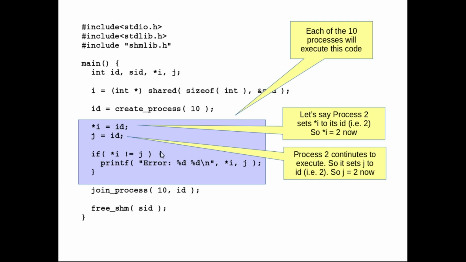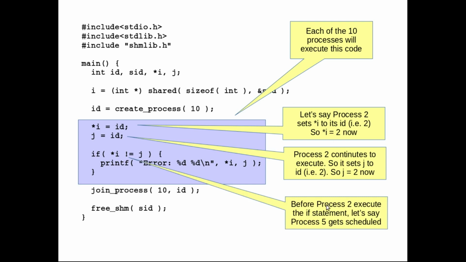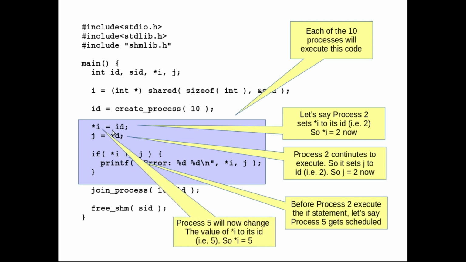Now let us assume that before process 2 is able to execute this if statement, process 5 gets scheduled to execute. So before process 2 can execute this if statement, process 5 executes this statement, and when process 5 executes this statement, the ID of process 5 is 5.